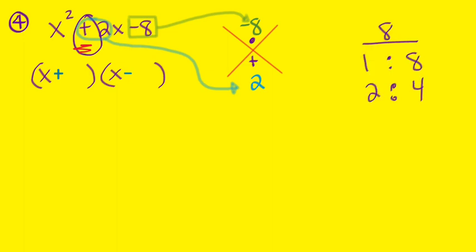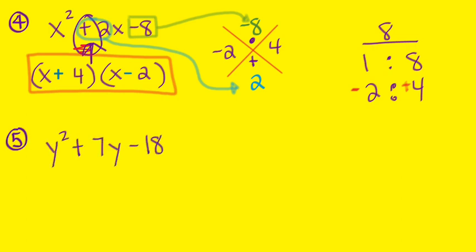And so I want two numbers that multiply to be negative 8 but add to be 2. So 1 and 8, I look at the difference here, and they're never going to be 2, but 2 and 4 can be. As long as I have the largest number, 4, be positive and have it be a negative 2, then I'll end up with a positive 2 for my middle term.